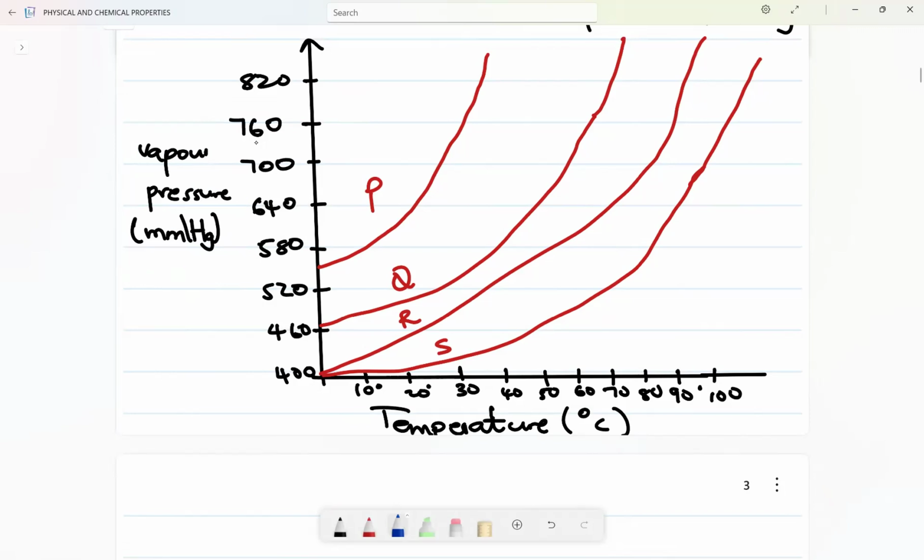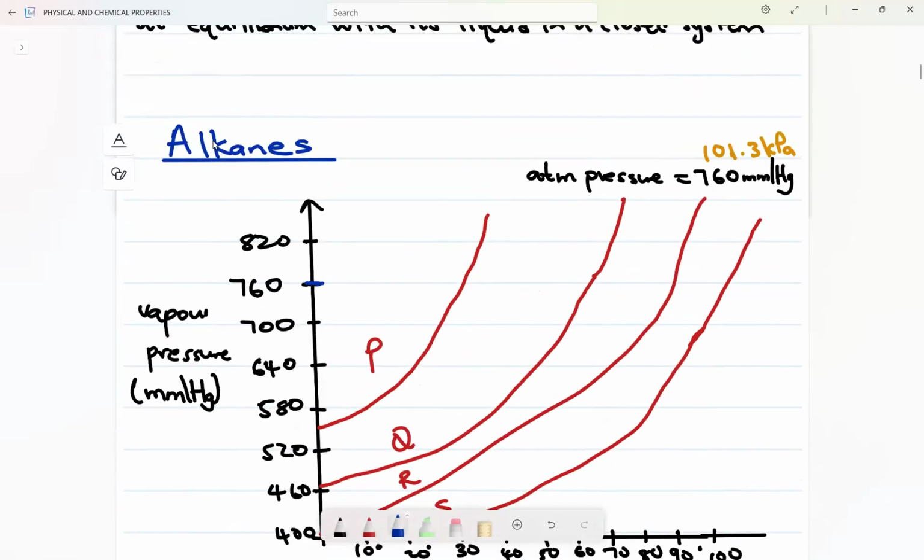What is the atmospheric pressure? The atmospheric pressure is 760 millimeter of mercury. So it means now, when it reaches this point here, that is where we can say, okay, if it reaches that point, then with that temperature, it boils at that temperature. What do we mean?